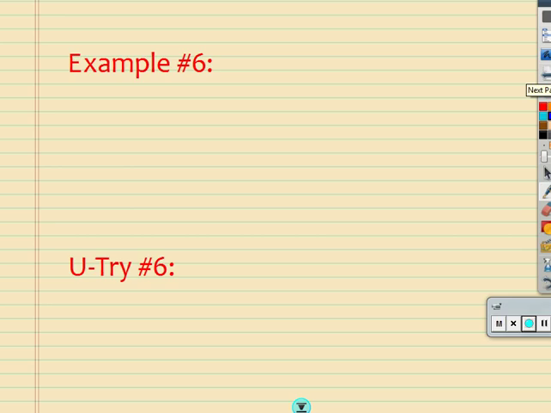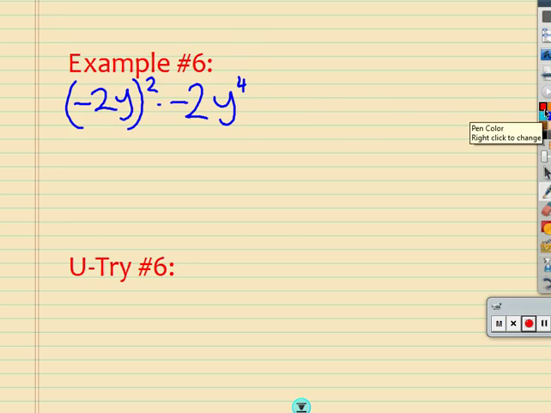Let's look at a different example. Let's say we have a problem where we see negative 2y to the 2nd power times negative 2 y to the fourth power. Now the exponent outside of the parenthesis will apply to every term that is inside.